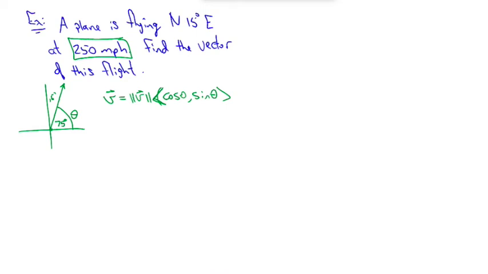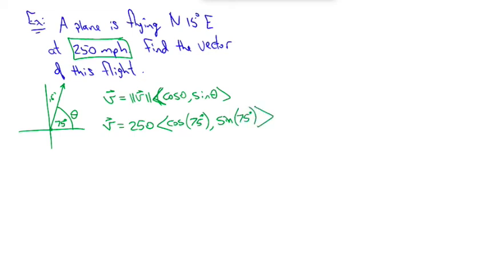It keeps it 250 in this case. So this vector becomes v equals 250 times the components, cosine of 75 degrees, comma, sine of 75 degrees.